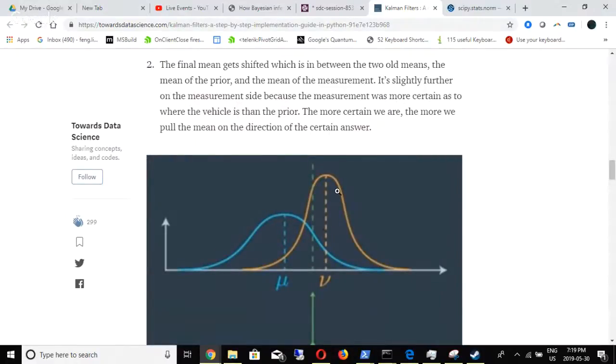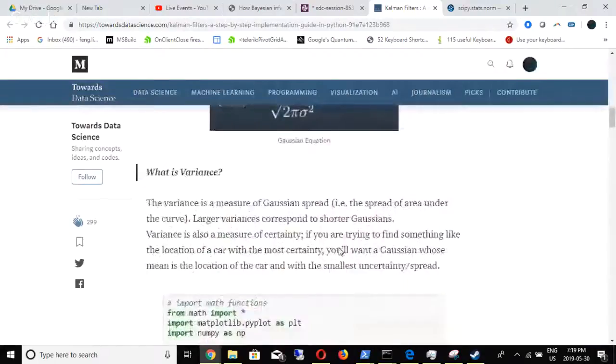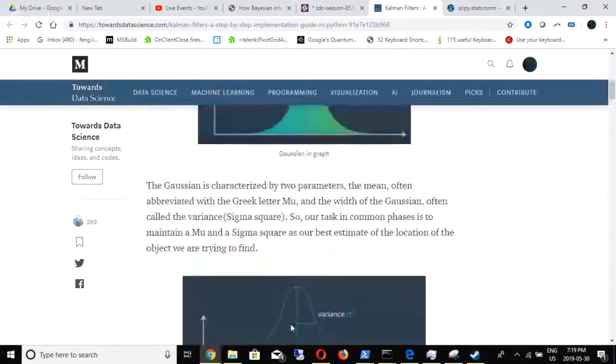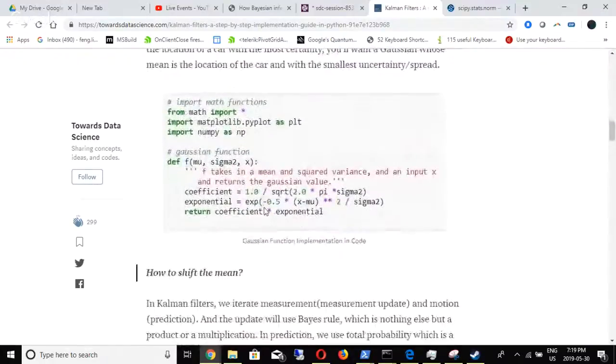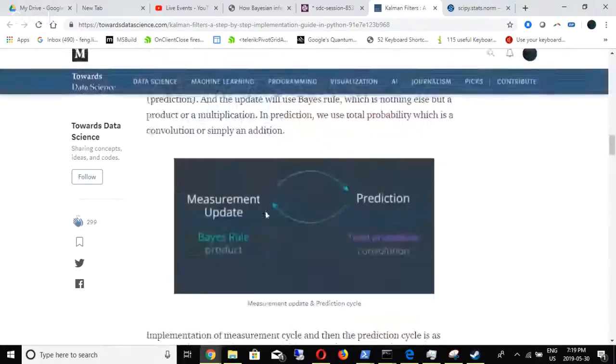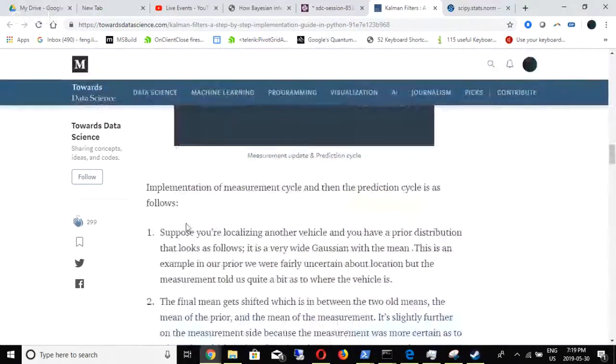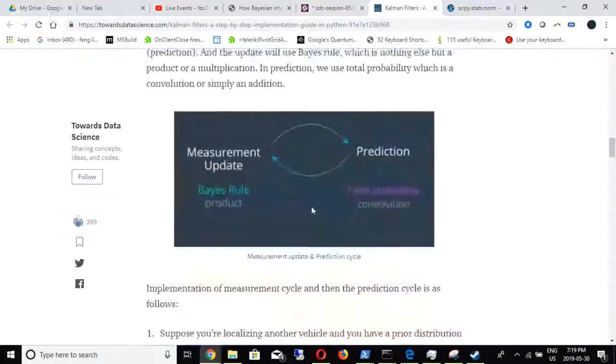But you're never certain that these measurements are what is true. There's always some level of error or uncertainty, and this uncertainty is essentially the variance that you have.